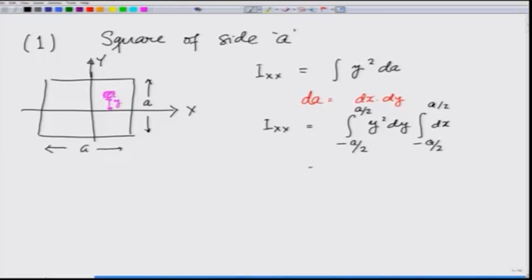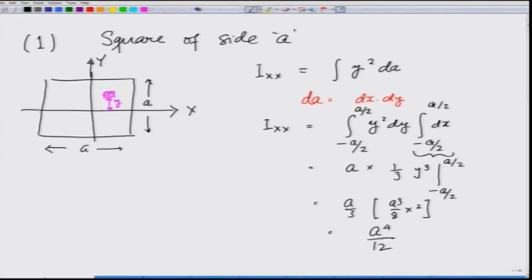This integral gives a times 1 over 3 y cubed from minus a by 2 to a by 2, which is a by 3 times a cubed by 8 times 2, which is a raised to 4 divided by 12.